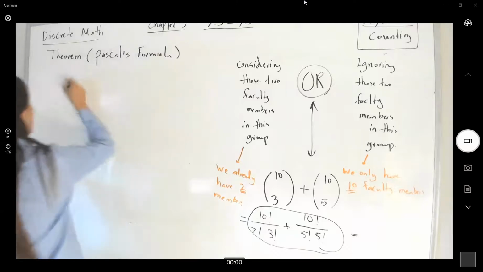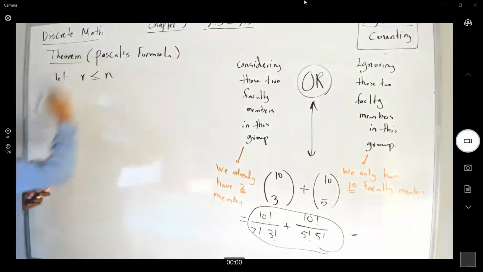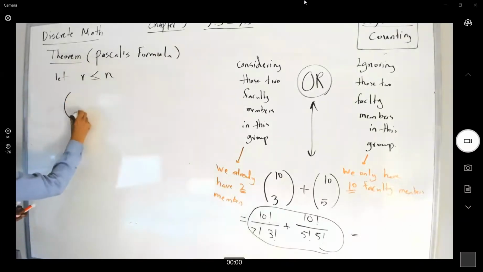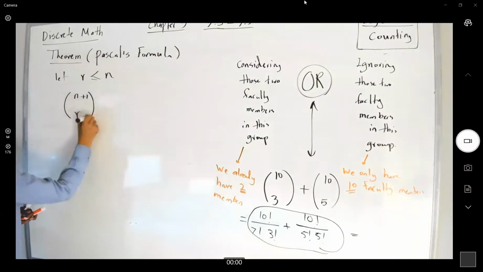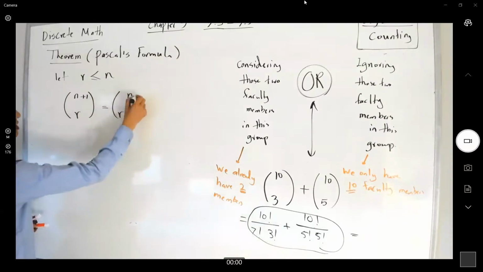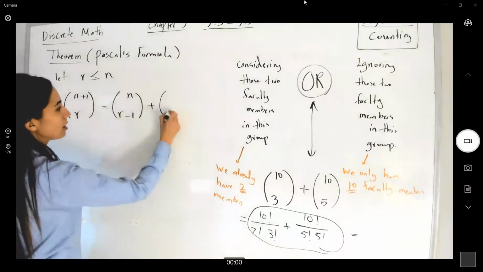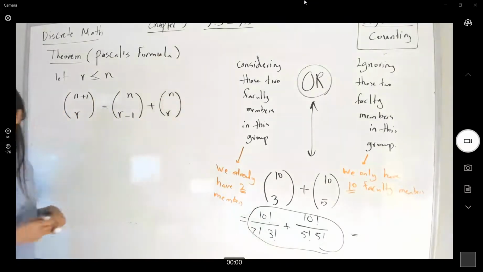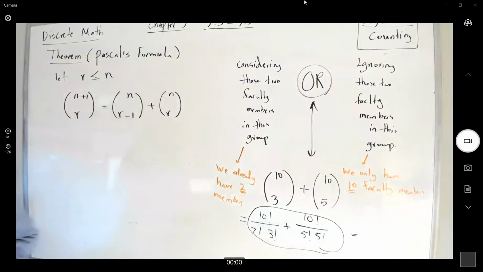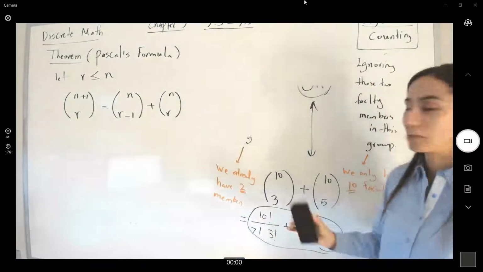It says, let r be less than or equal to n, then the combination of r objects out of n plus 1 objects can be broken down into the combination of r minus 1 objects out of n objects plus the combination of r objects out of n objects. Okay, so how do we prove this? By using the definition.